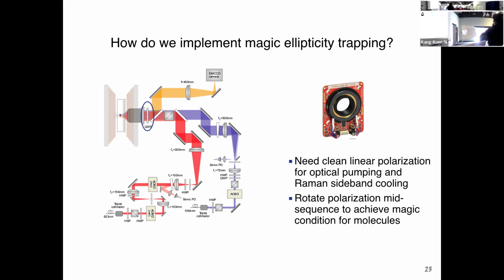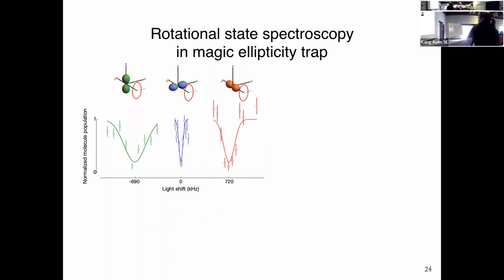Sometimes we need to have linear polarization in a particular direction to allow sideband cooling. And then once we make the molecule go to parallel rotation states, they need to be in this magic ellipticity to allow nulling out all the differential light shift. So this is the spectroscopy we perform. For this particular state, you can see the light shift is nominally zero.